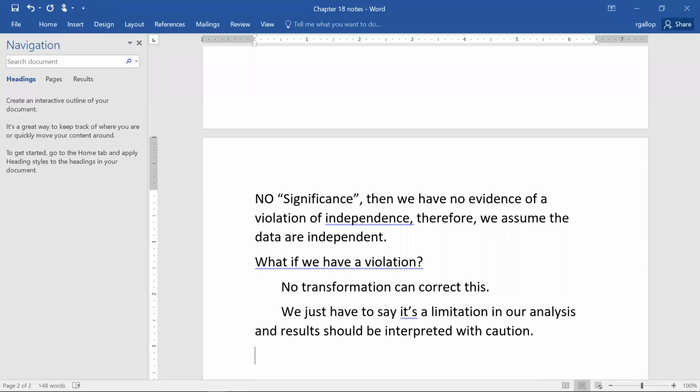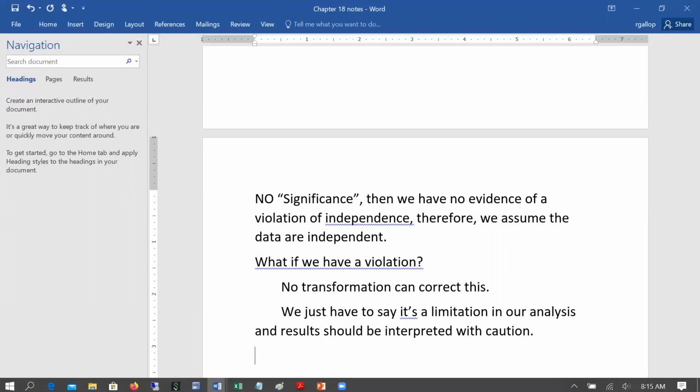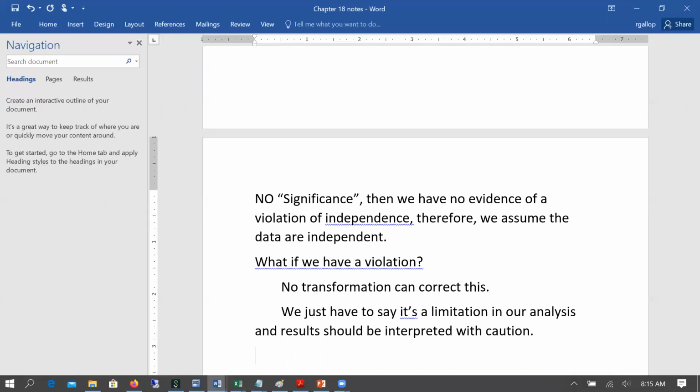If we do have a violation, no transformation can correct this violation of independence. Therefore, we just say it's a limitation of our analysis, and any results produced by this model should be interpreted with caution. The big thing is you violated one of the assumptions of the model. If you violate one of the assumptions of the model, the results can't be interpreted.